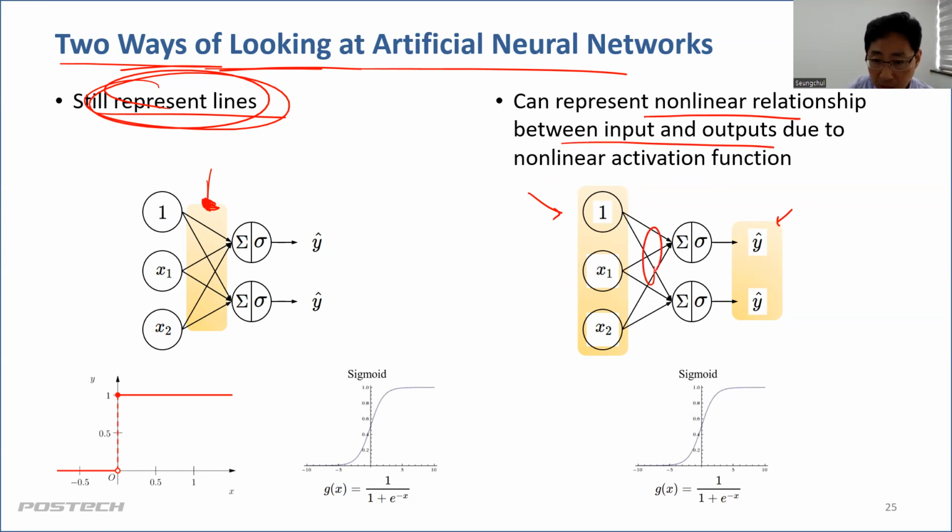We have linear combinations and nonlinear activation functions. So these are just relationship between the input and outputs, or any kind of nonlinear mappings, or any kind of nonlinear functions. Good.